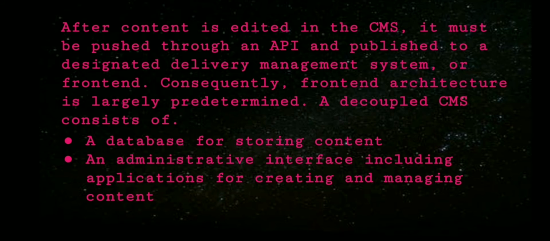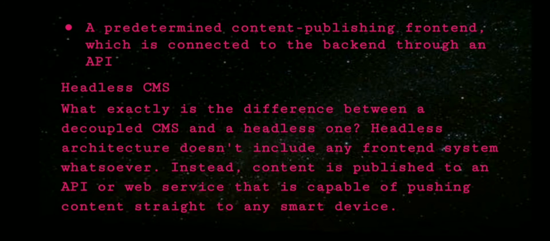A decoupled CMS consists of a database for storing content, an administrative interface including applications for creating and managing content, and a predetermined content publishing front-end which is connected to the backend through an API.